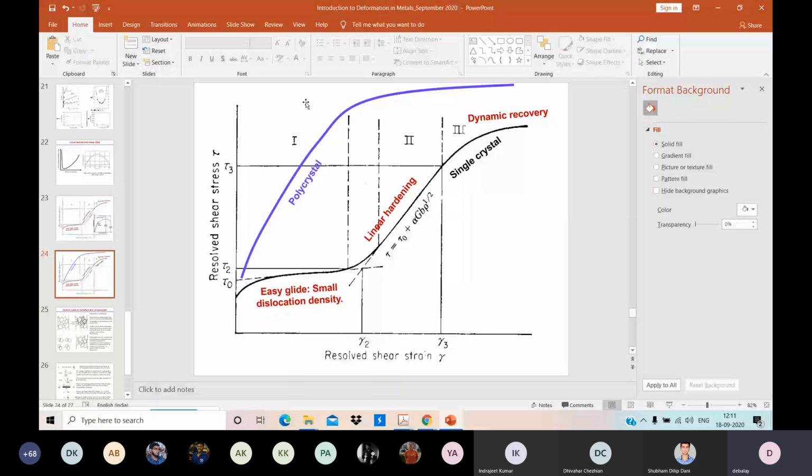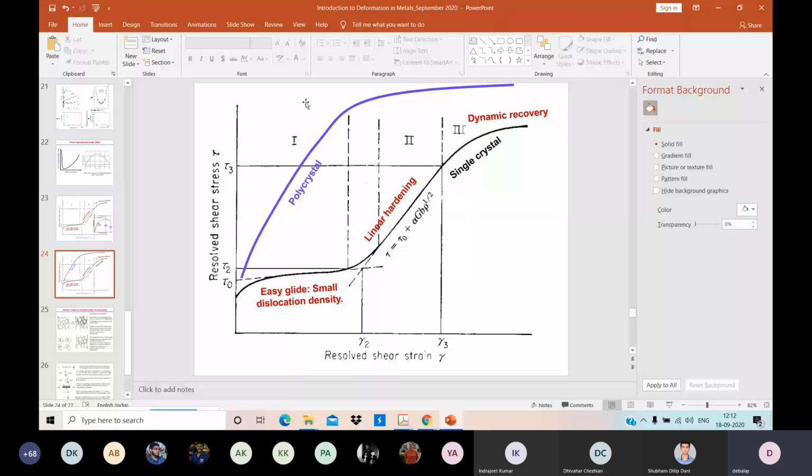It's very important to understand: to get a certain amount of strain, say 5% plastic strain, in a single crystal you may need 10 dislocations to be there inside the material.